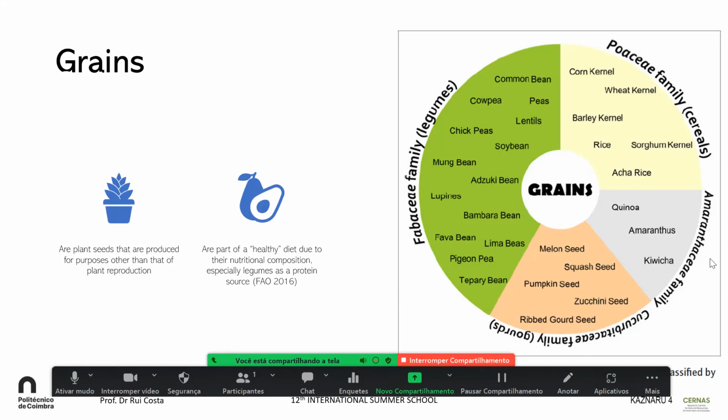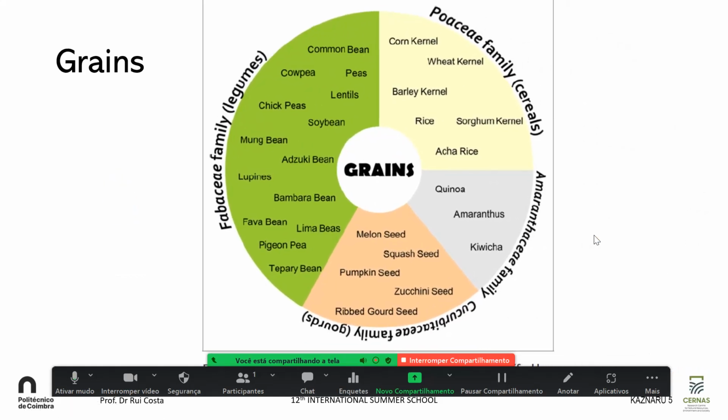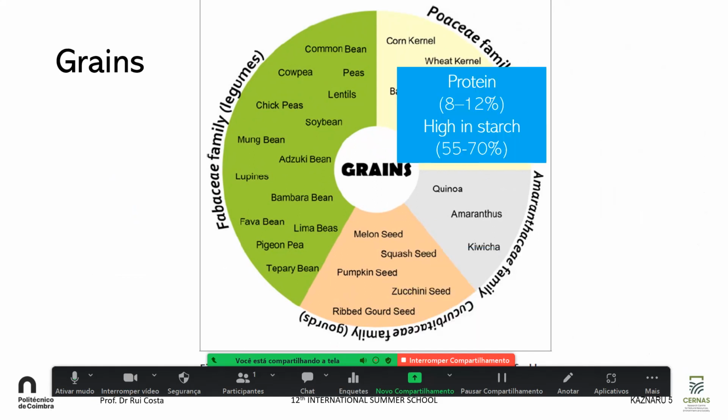I will now give a little bit more detail. So first, let's go to the family of cereals in terms of their nutritional content. They are relevant because they contain around 8 to 12% of protein and 55 to 70% of starch. So you all know that we get mainly calories from the starch in these cereals.